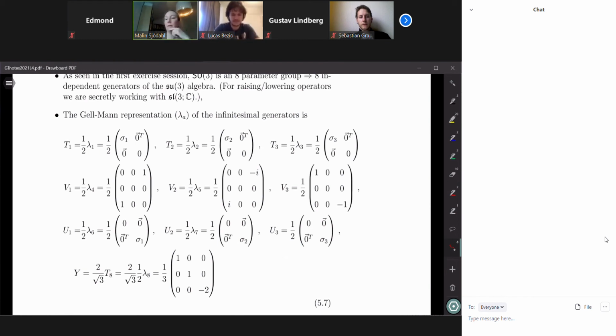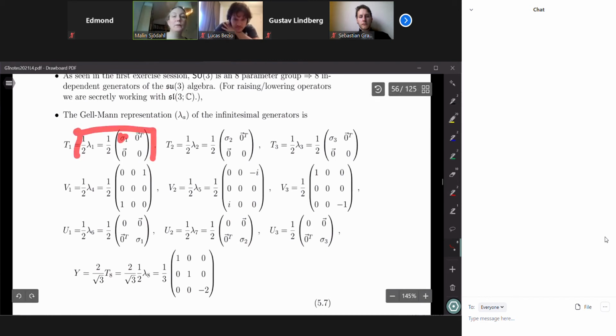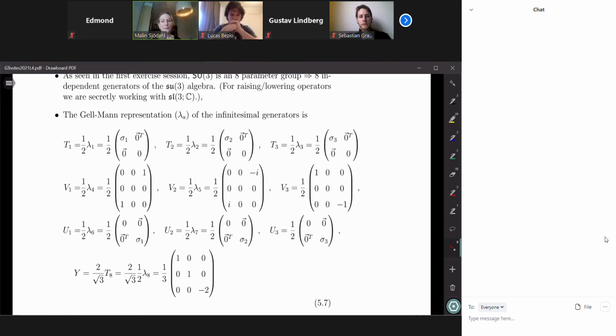The ones that we will use, and this is pretty much always the conventional choice, is that we will use the first three ones with sigma 1, sigma 2, and sigma 3 sitting in the upper 2 by 2 block.